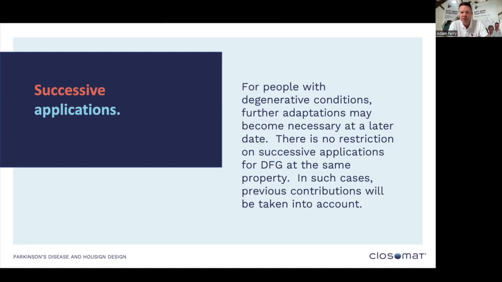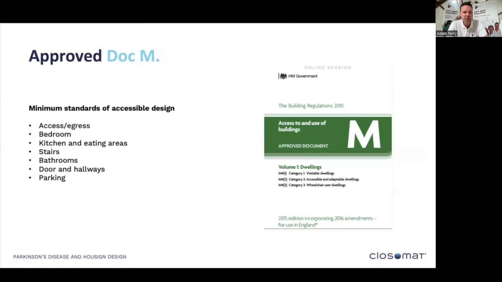But when we think about future proofing, and that's why when I mentioned steps and ramps, we know it can lead to more because of the progression of the disease, but that's okay. Approved Document M is the minimum standards for accessible design. So it covers access, egress, bedroom design, kitchen and eating areas, stairs, bathrooms, doors, hallways, parking.